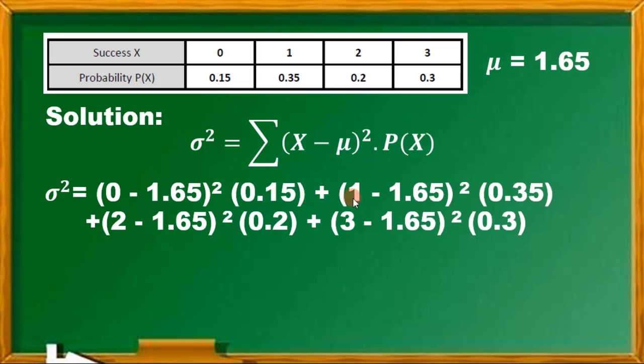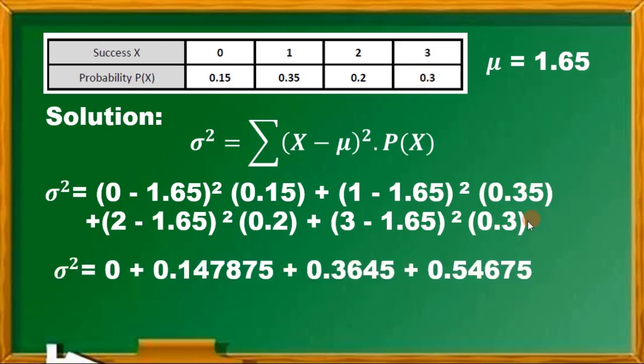Plus, if x is 1, minus the mu 1.65, you square that, multiplied by its probability 0.35, plus 2 minus the mean mu 1.65, then square that times the probability 0.2, plus 3 minus 1.65 quantity squared times the probability, which is 0.3. Summing this up will give us this value.